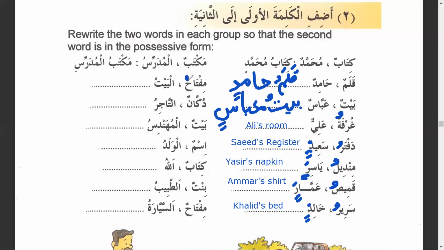Miftahu Al-Bayti. Excellent. Then Dukkanu At-Tajiri.